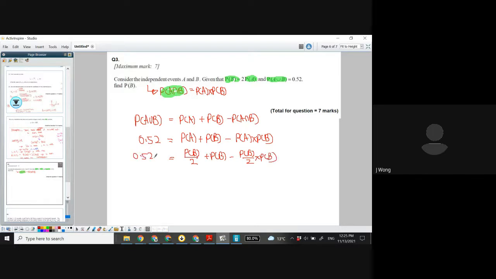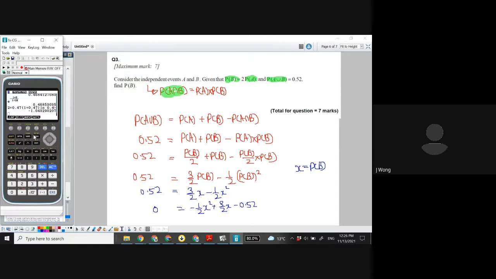Okay. And then you have 3 over 2 probability of B minus a half of probability of B squared. Hopefully you could recognize this already, this is a quadratic equation situation. If you make x as probability of B, then you have 3 over 2 x minus a half x squared equals 0.52, and then you could solve it through any equation solving technique.